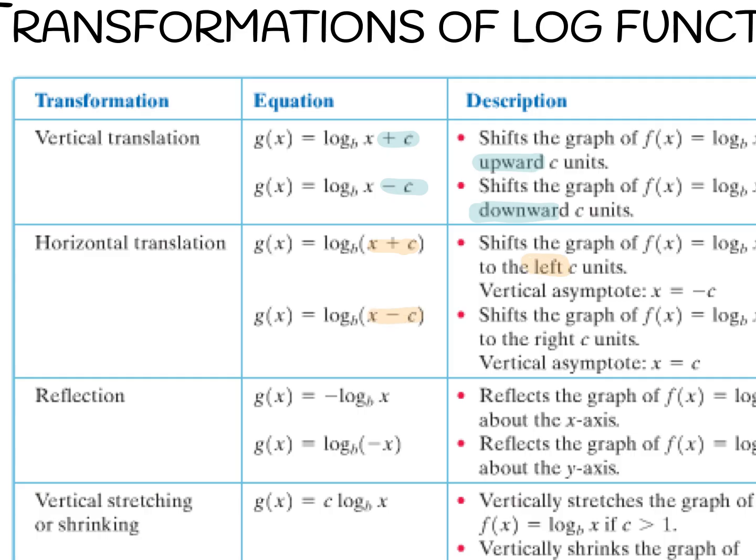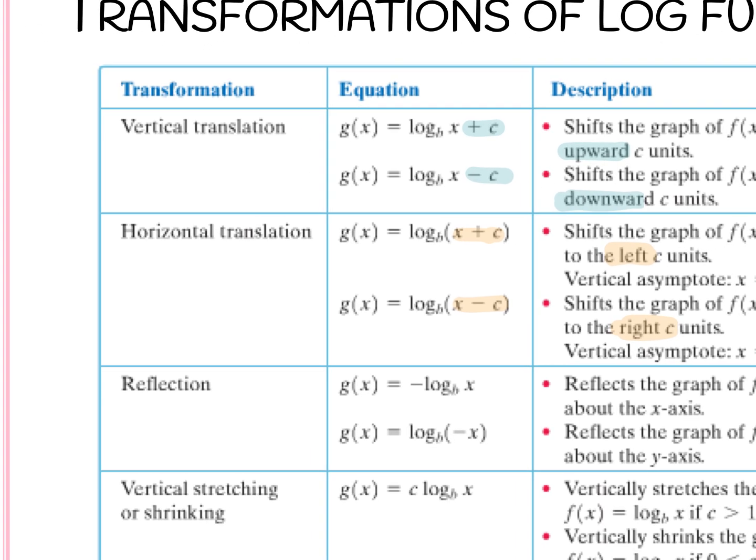So adding on the inside, or adding directly to x, we go to the left. Subtracting directly from x, we go to the right. Now remember, horizontal translations will change the vertical asymptote and the domain.